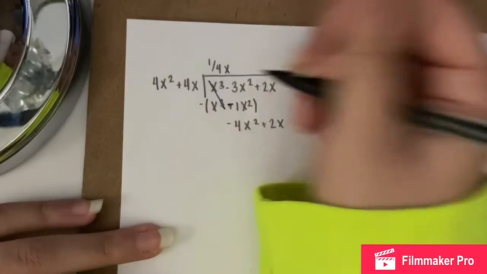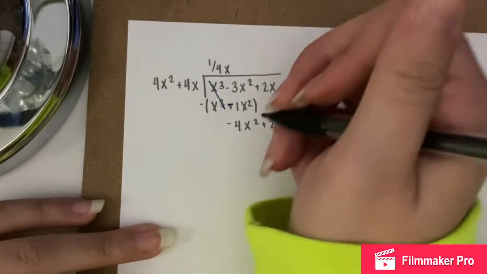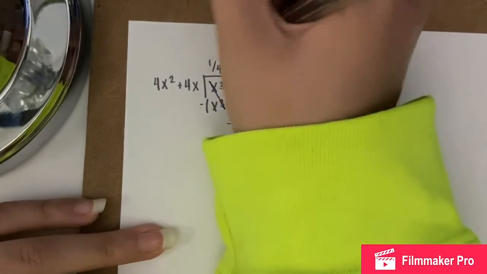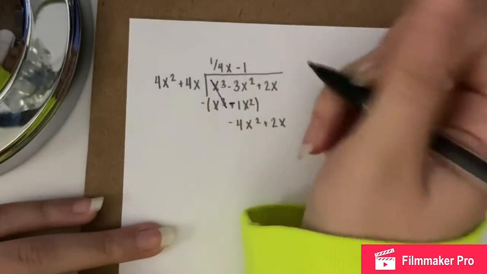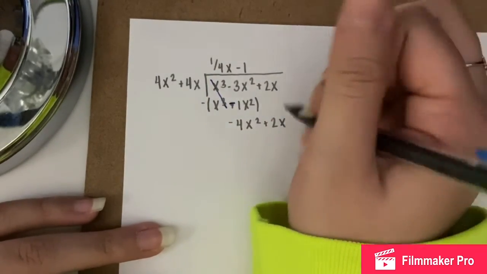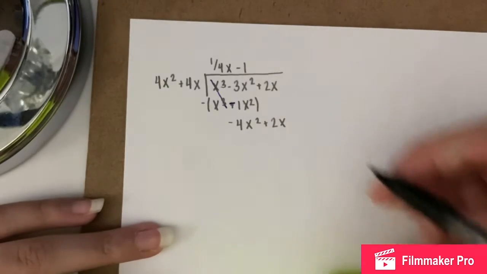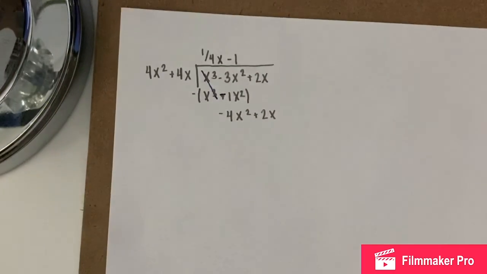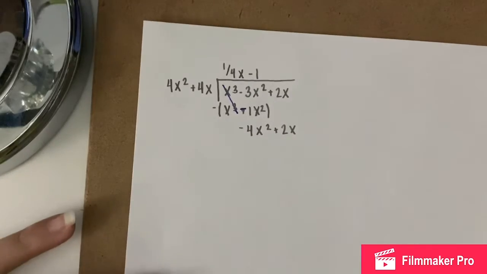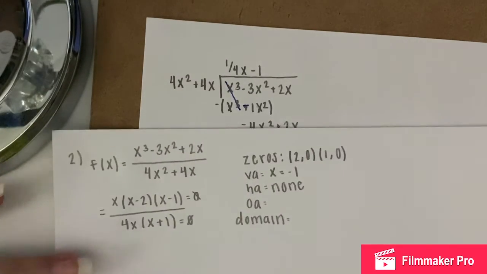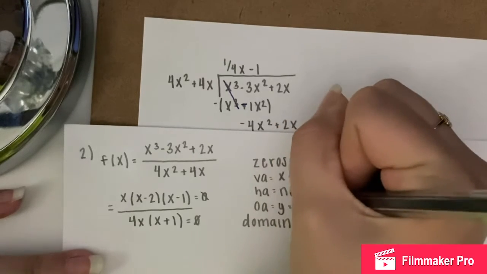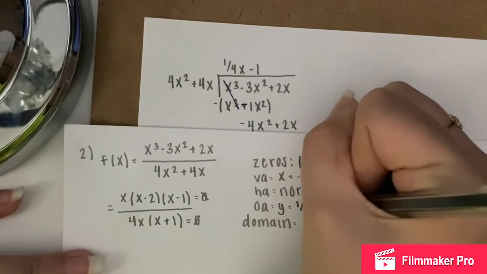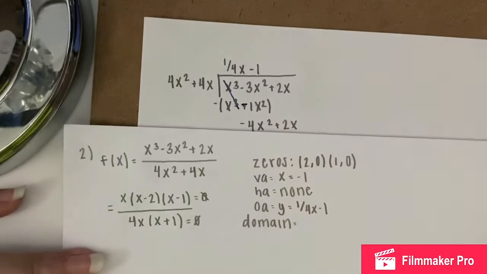And we still continue because the degrees are the same. So this goes in negative 1 times. And we don't really need to continue here because that's just going to leave us with a remainder, and we don't need a remainder for this type of problem. So we know that our oblique asymptote is going to be y equals 1/4 x minus 1.